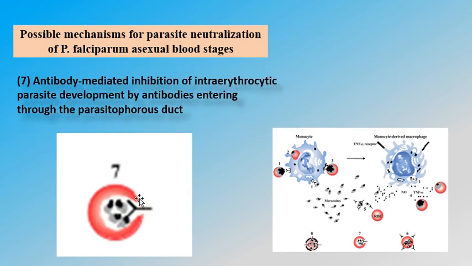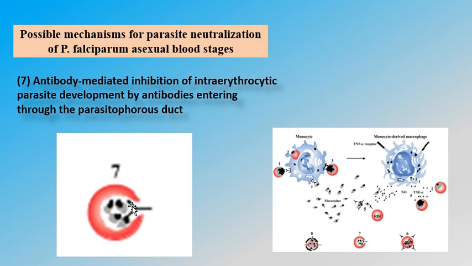Similarly, the antibodies have the capacity to enter through the parasitophorous duct. As you know, merozoites do not penetrate the red blood cell, but they press and invaginate the red blood cell and create a vacuole, known as the parasitophorous vacuole.